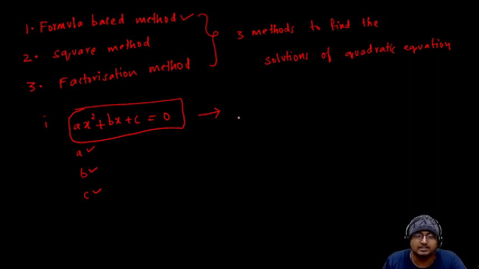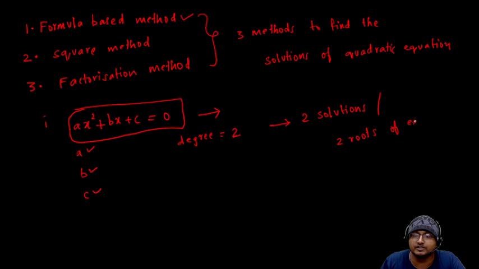See, we already discussed this is a quadratic equation of degree 2. So how many solutions exist for this type of quadratic equation? As it is of degree 2, there are two solutions, or we call them two roots of the equation.